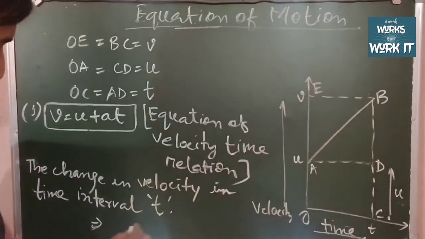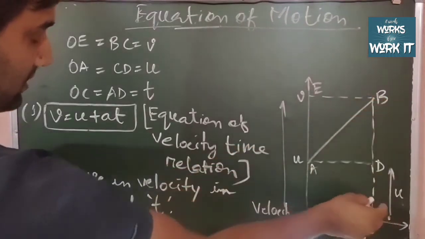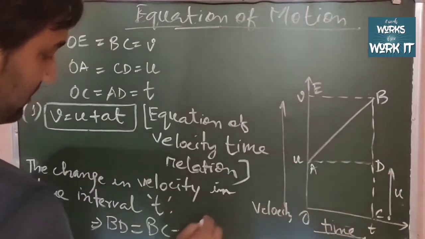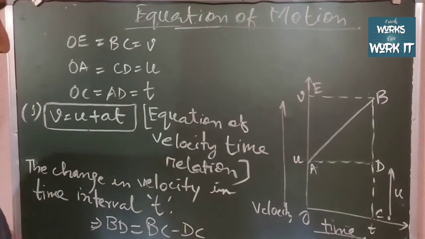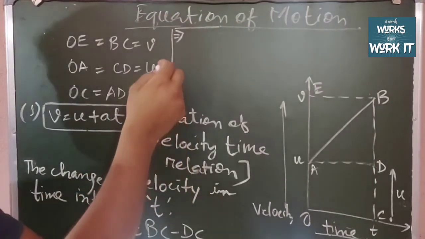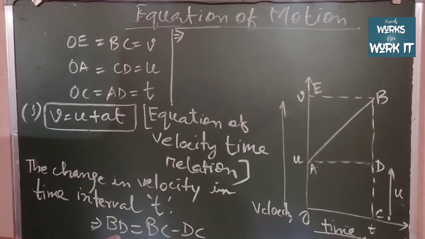BD. BD is the change in velocity. BD is equal to the total distance, where? BC. So from D it has changed its velocity to B, and CD is the initial velocity. So what we have written is BD equal to BC minus CD. The object has reached up to B.